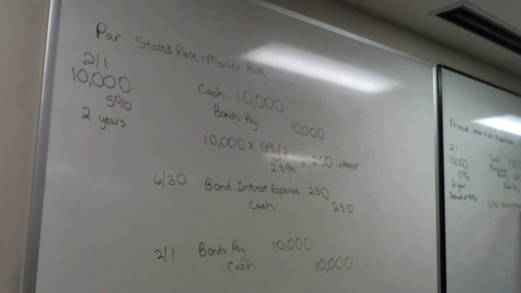Okay. So we're going to leave this here for now. So we're going to have to credit discount on bonds payable, and we're going to credit cash. Cash is still credited, the $250 that we're paying in interest. Okay, so cash is still $250.